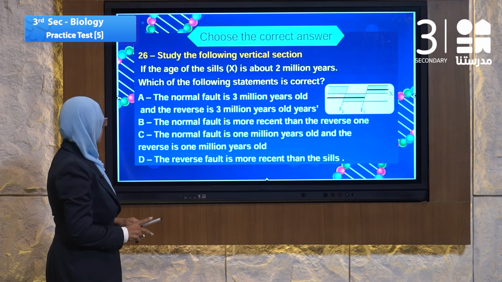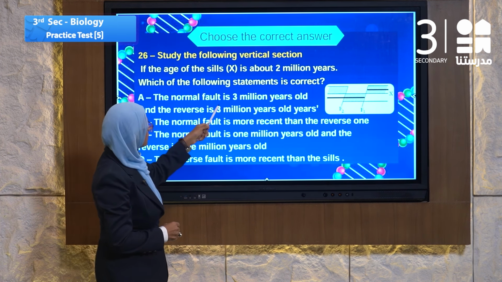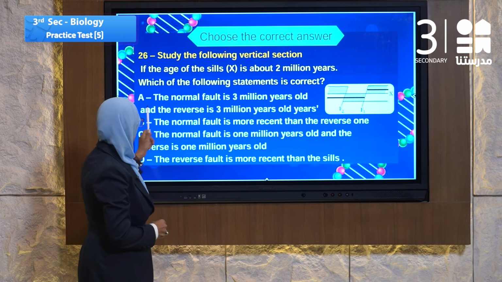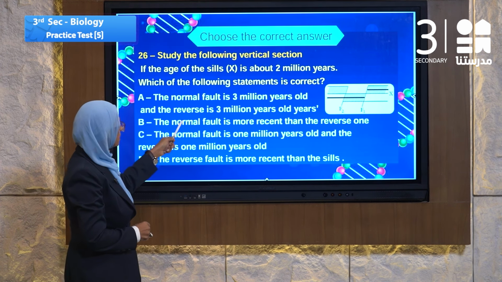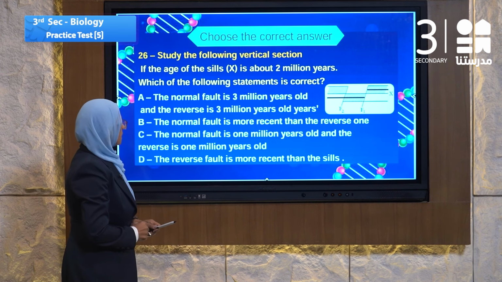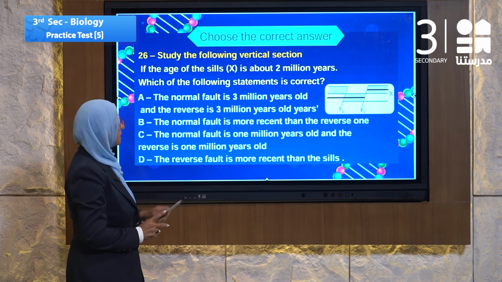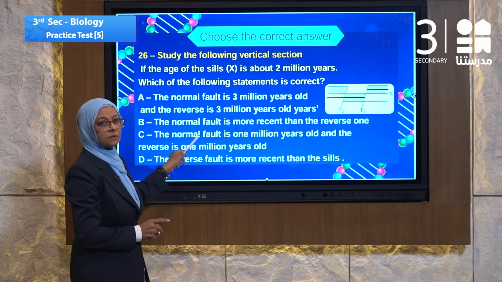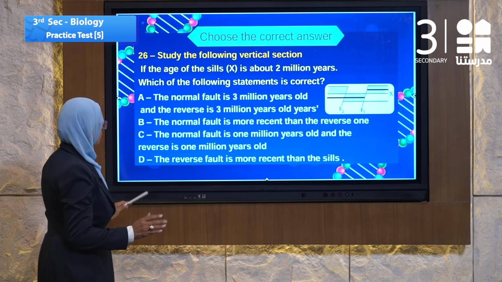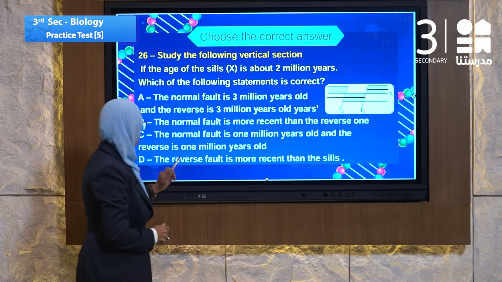Let's read and answer. Number E, the normal fault is 3 million years old and the reverse is 3 million years old. That means they have the same age. I think that is not right. The normal fault is more recent than the reverse one.